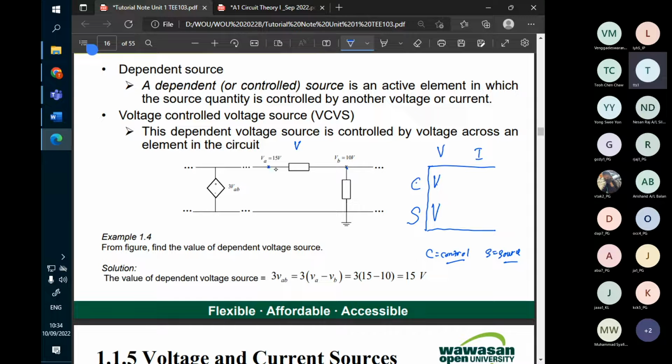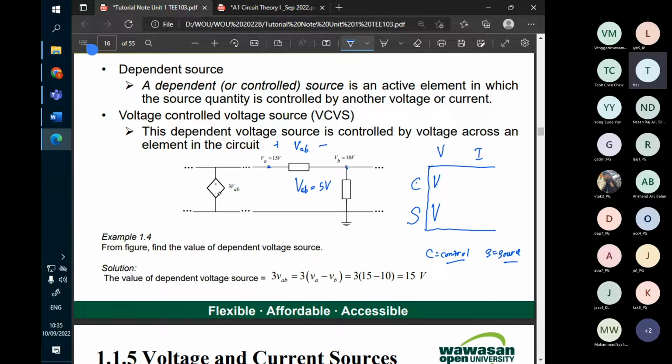So the voltage difference between A and B is given as, we always take the largest one minus the lowest one, because of the voltage drop, right? It dropped from 15 volt to 10. So VAB is 5 volt.